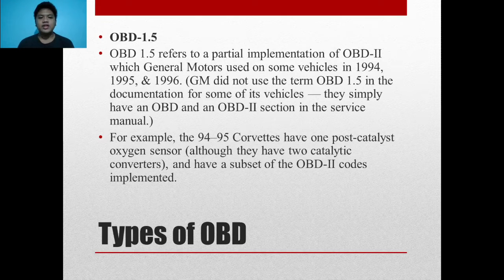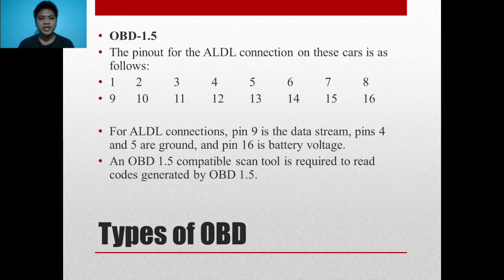For example, the 94 and 95 Corvettes have one post-catalyst oxygen sensor, although they have two catalytic converters, and have a subset of the OBD2 codes implemented. The pinout for the ALDL connection on these cars is as follows. So you can screenshot it if you like.